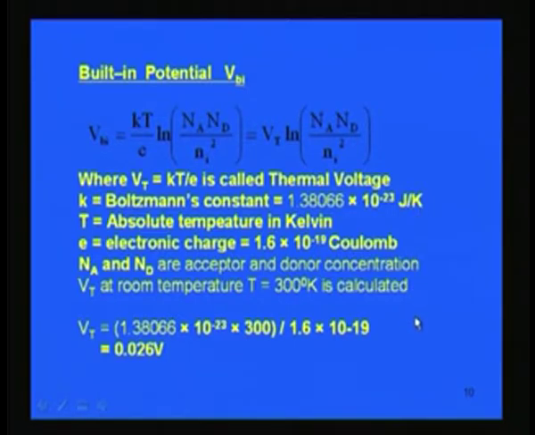Now, if we consider room temperature, that is 300 Kelvin, which is generally done, all calculations are typically done at room temperature unless mentioned otherwise. So, this thermal voltage Vt can be calculated using these constants. The electronic charge is 1.6 into 10 to the power minus 19, and this Boltzmann constant. It gives a voltage of 0.026 volt at room temperature.